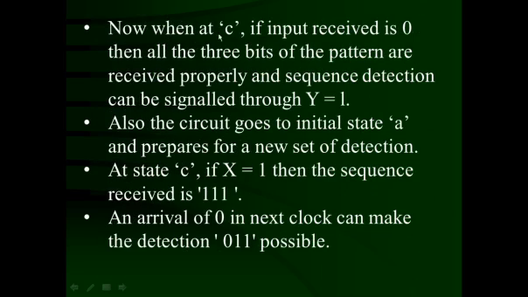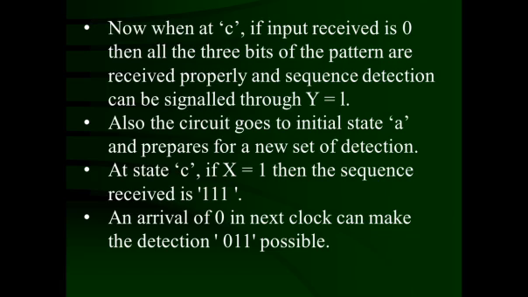Now, at the state C, if the input received is 0, then all the 3 bits of the pattern are received properly, and the sequence detection is signaled through Y equal to 1. Y is high, which indicates that the binary data 0 1 1 in sequence is detected. Also, the circuit goes to the initial state A and prepares for a new set of detection.